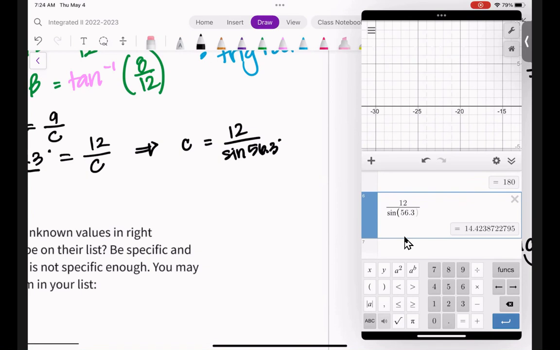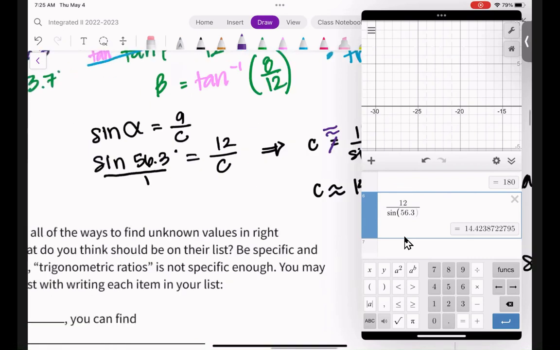So C is about 14.4 units. And actually, because I was using that approximate 56.3 degrees, this should have been approximate the whole time. So I think my answer is about 14.4. I'm going to put that here.